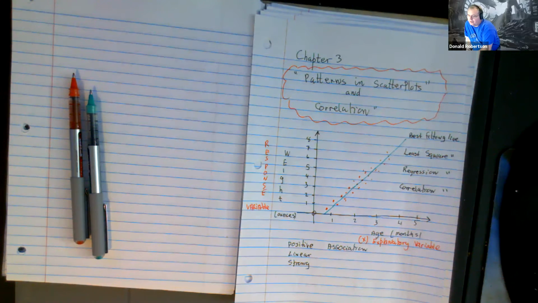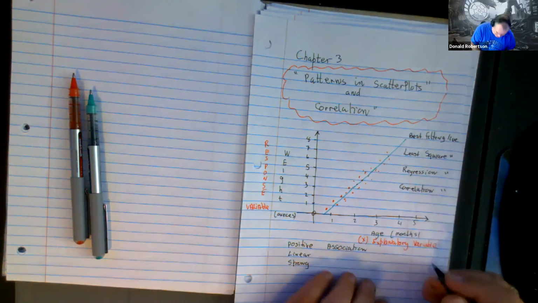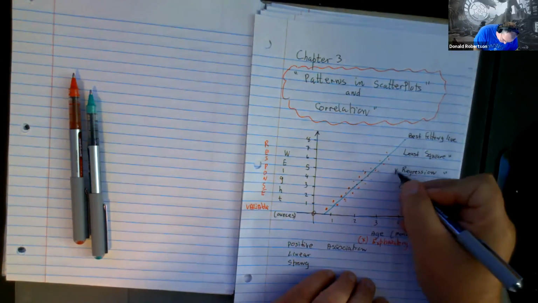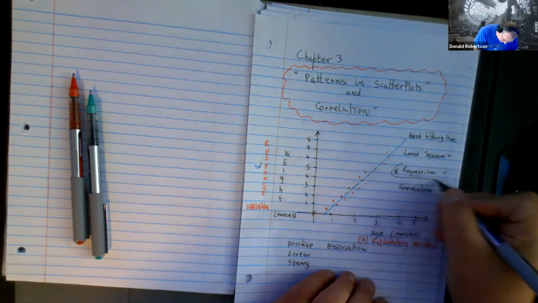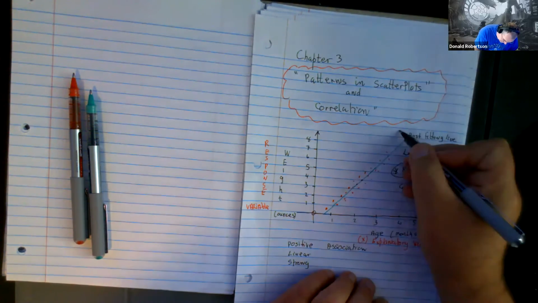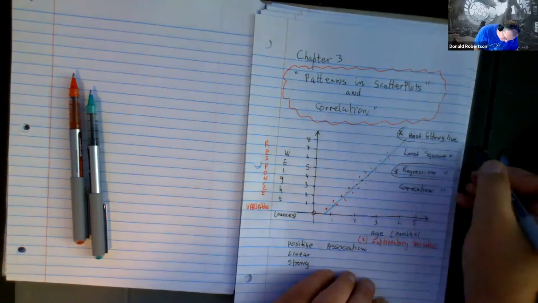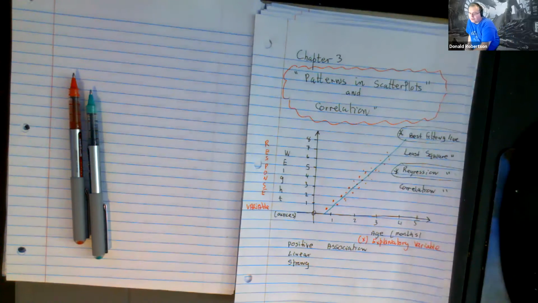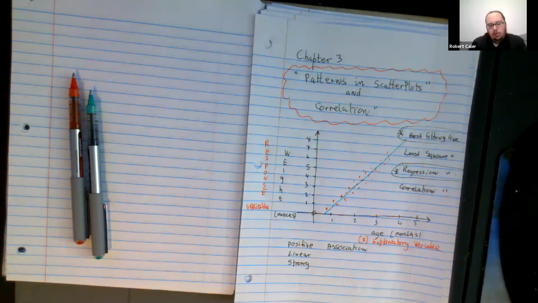Well, you just realize that it's the same line. They just call it different things depending on who's writing the textbook. The name you're going to see, I hope, is regression line. I like this name, so I'm going to keep that one. I believe that's what this textbook calls it.